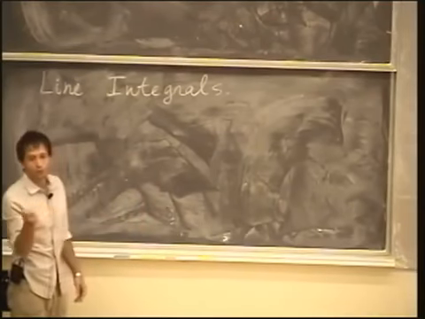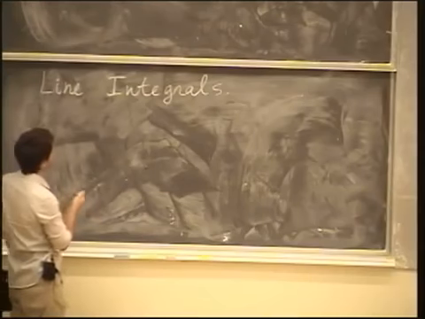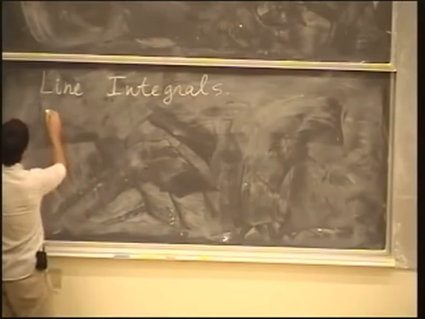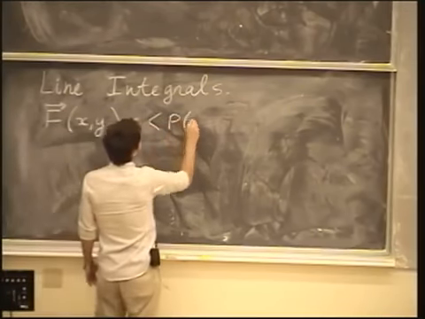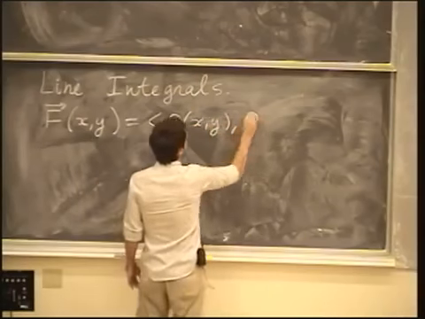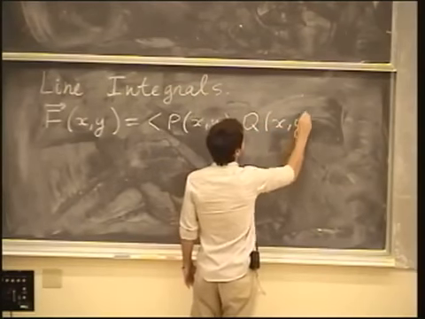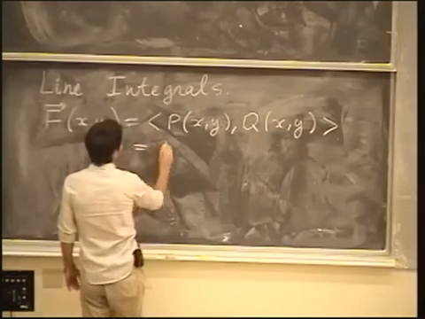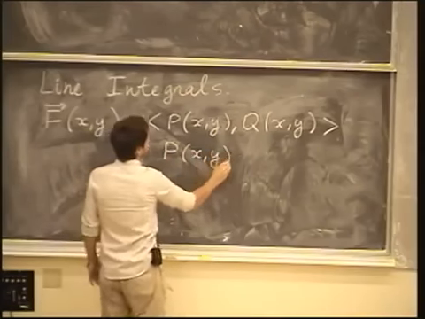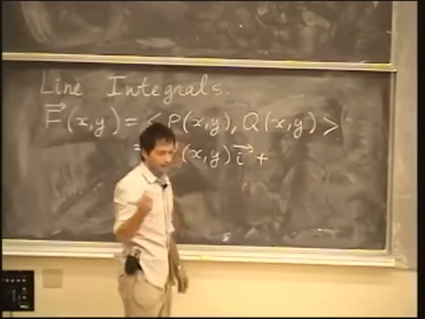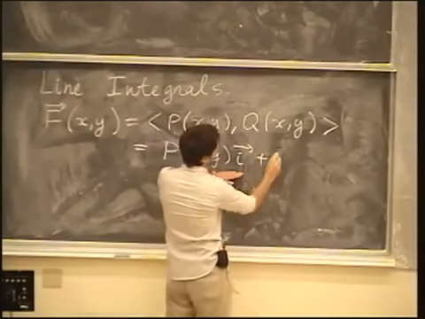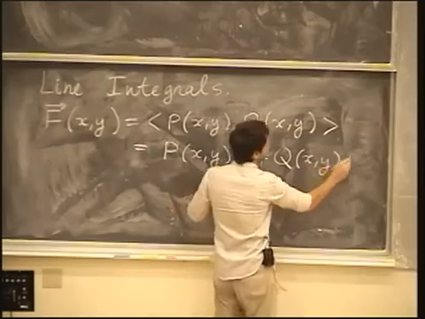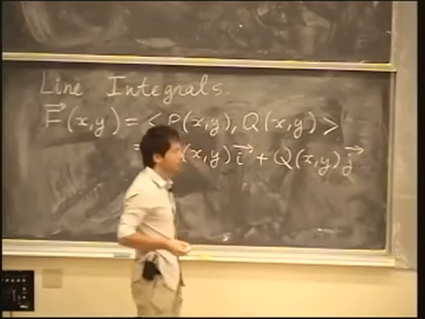Let me remind you what we learned last time. Suppose that you have a vector field on the plane. As always, a vector field can be written in two different ways. You can write it like this, or you can write it like this. And you can choose whichever way you prefer.